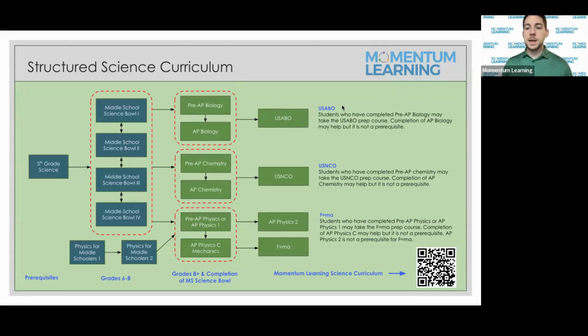I believe this slide here is showing you what the course offerings are for Momentum Learning, their science curriculum. So these are some of the courses. There's a QR code if you want to pull up a phone to scan it so you can learn more. Right. So I teach currently 3 courses at different times.